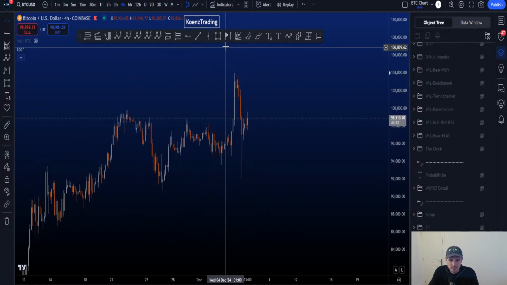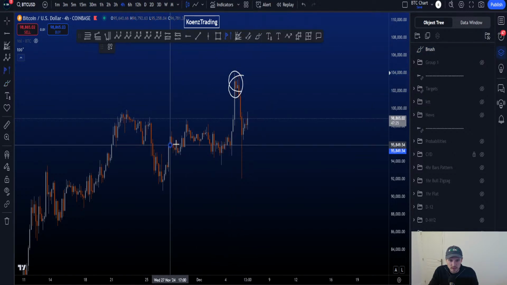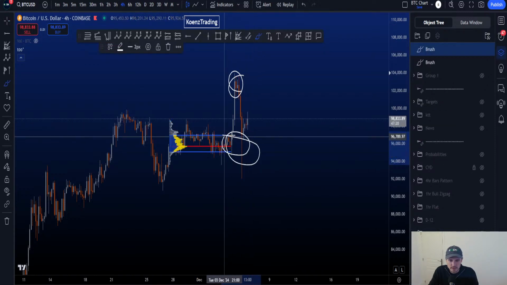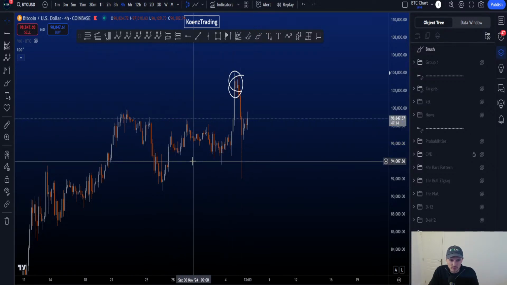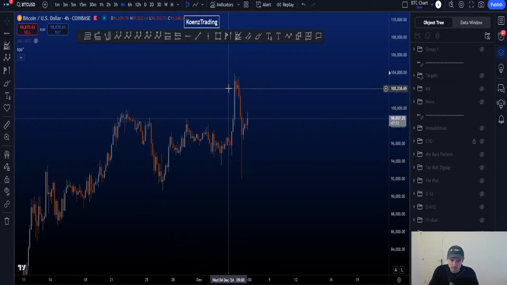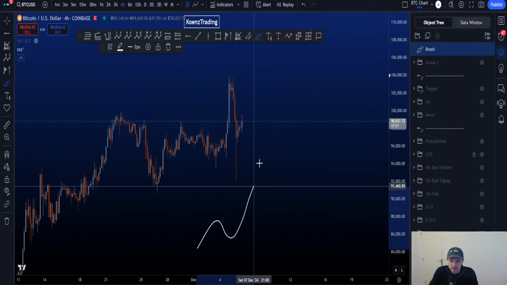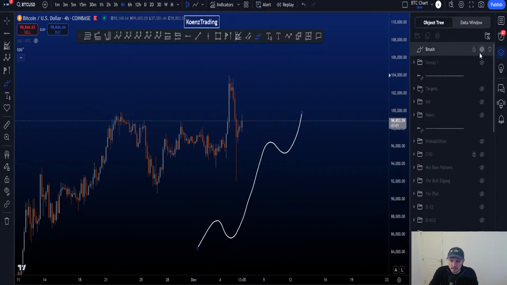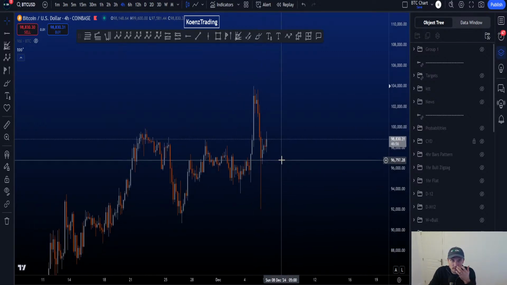For example, if price is here, I would pull a Fibonacci from the start to the end of this range, knowing that if price comes down, this range will act as support. That's where the volume profile is best used. You can use it with impulses as well to see if the volume is following price as it moves up, and then the volume will act as support when price comes back down.